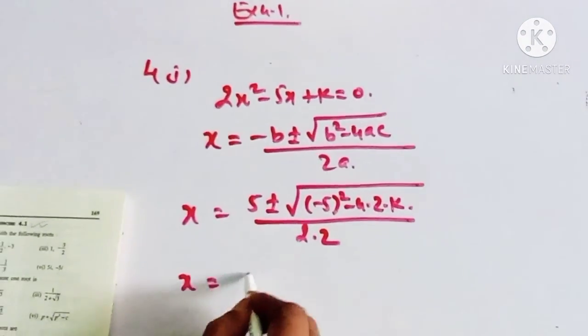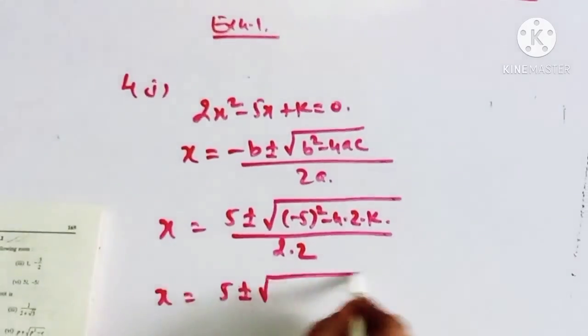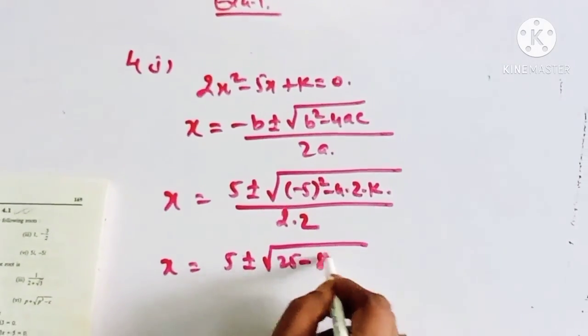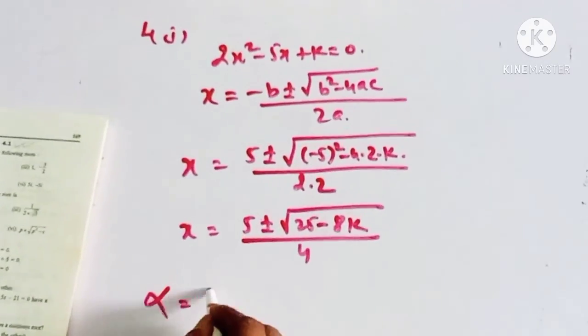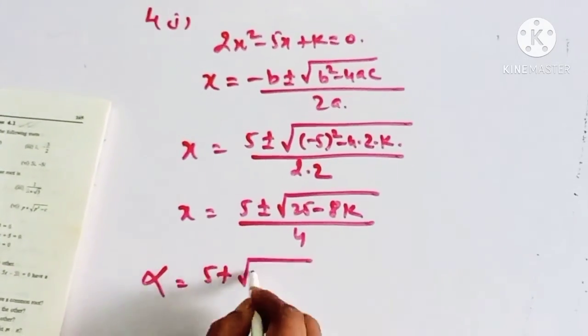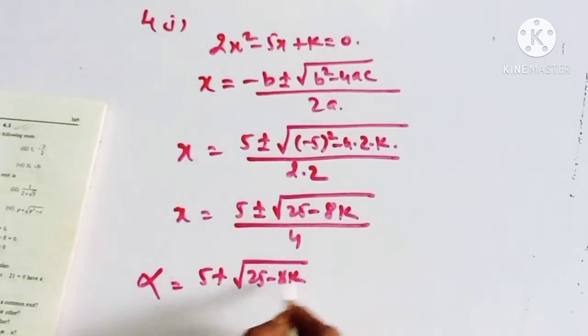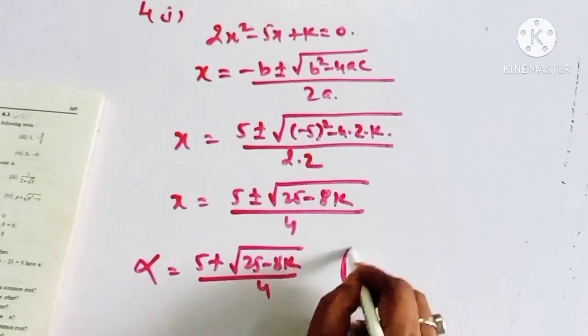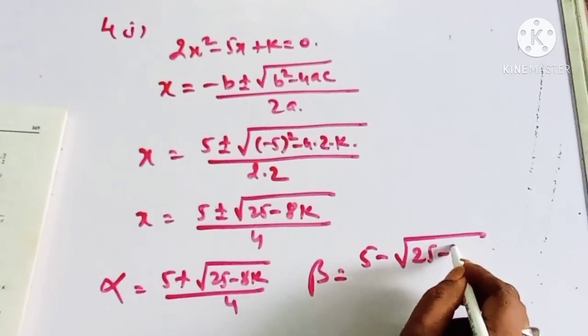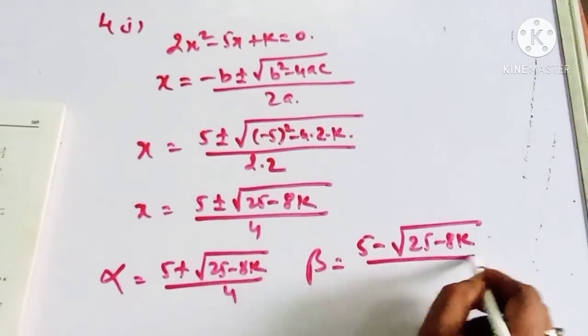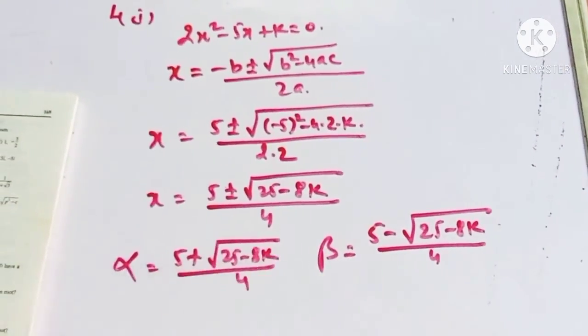So x will be (5 ± √(25 − 4k)) / 2. So the roots are alpha = (5 + √(25 − 8k)) / 4, and the other root is (5 − √(25 − 8k)) / 4. These are the two roots.